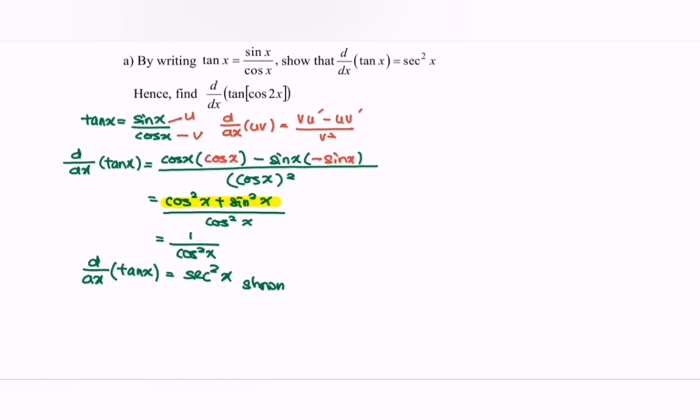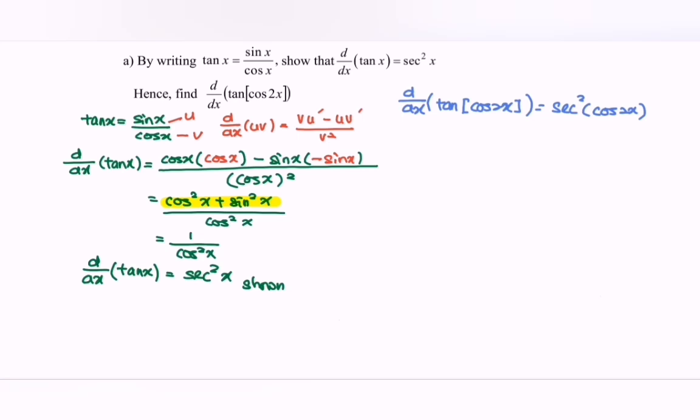Hence, find the first derivative: differentiate tan of cos 2x with respect to x. So d/dx of tan(cos 2x). If we differentiate the tan, we will have secant squared of cos 2x.